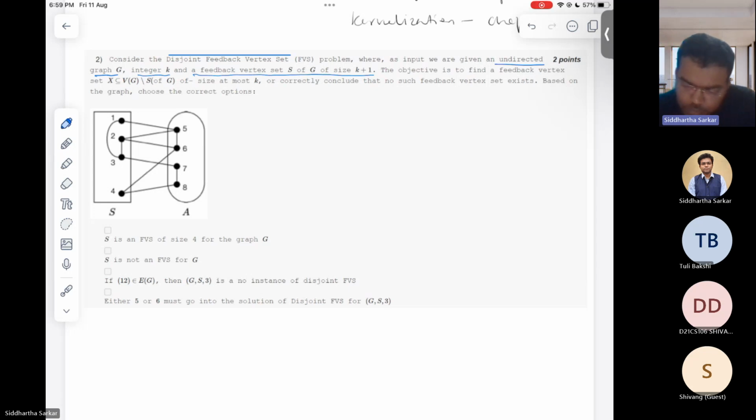The objective is to find a feedback vertex set, that means a subset of the vertex set minus S. So what do we want to find?